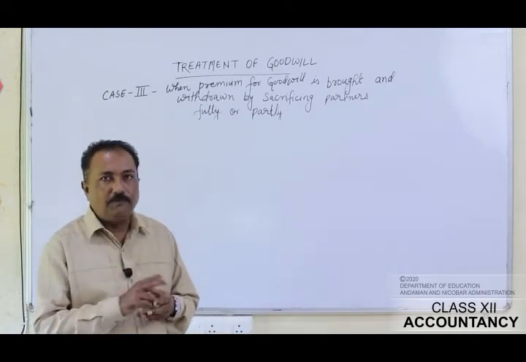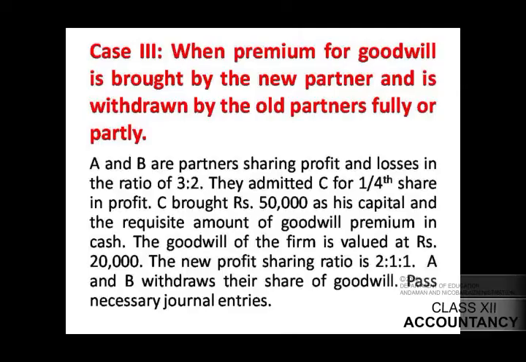For that we will take one numerical question, and the numerical question is: A and B are partners sharing profit and losses in the ratio of 3:2. They admitted C for 1/4 share in profit. C brought rupees 50,000 as his capital and the requisite amount of goodwill premium in cash.